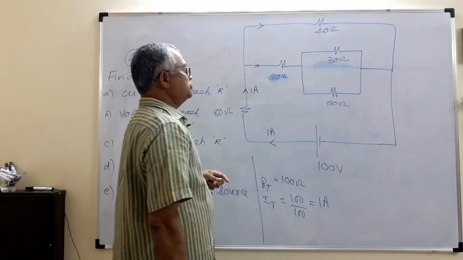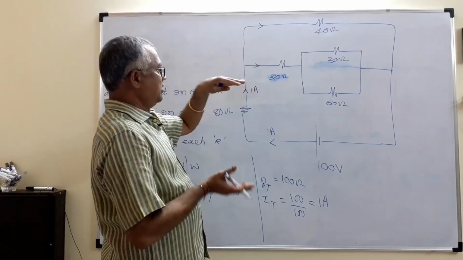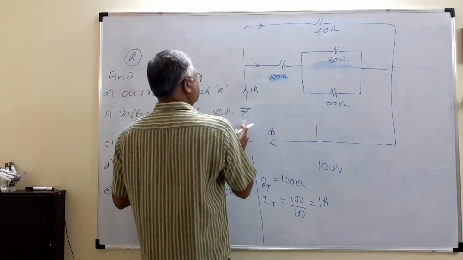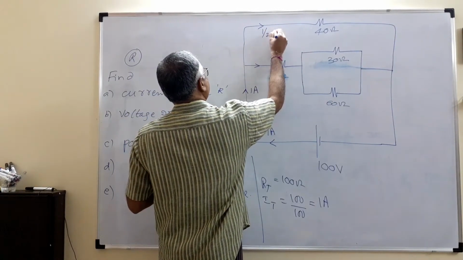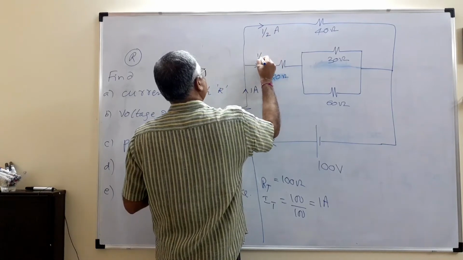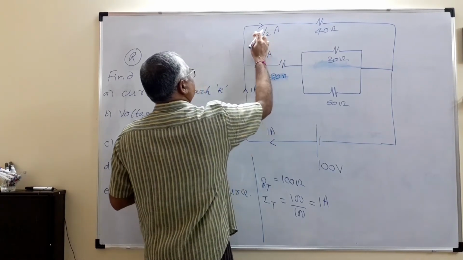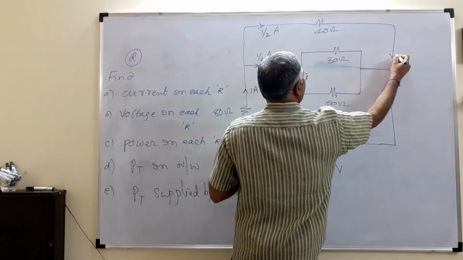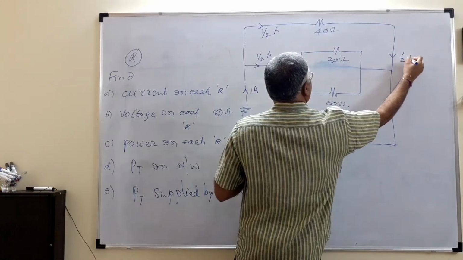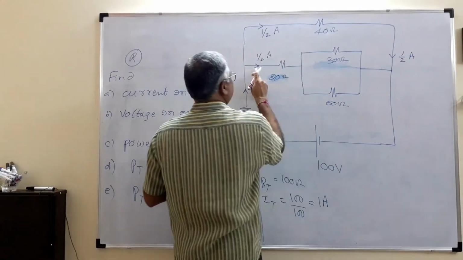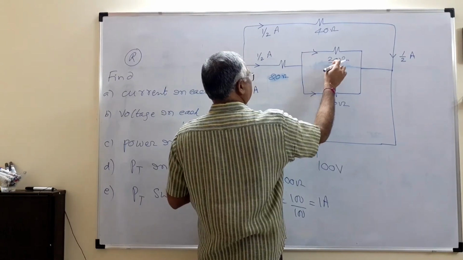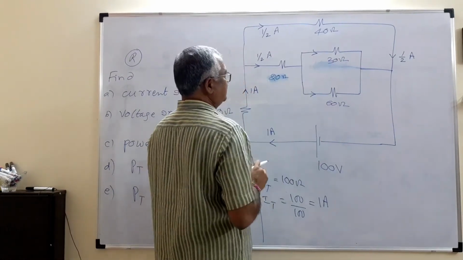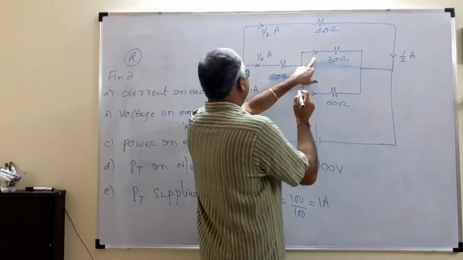It is 40 ohms. 40 and 40 are parallel, therefore this 1 ampere current divides equally. So this is 1 by 2, this is 1 by 2. This 1 by 2 will come up to here, and this 1 by 2 further divides between 30 and 60.